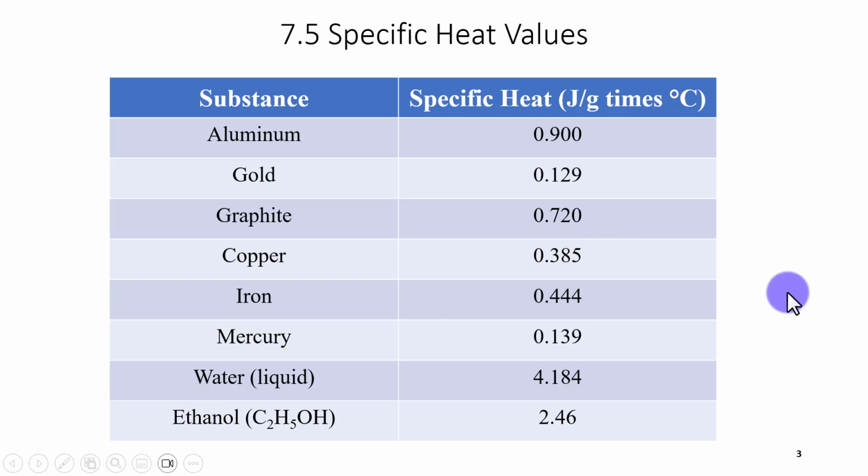What does that mean? Qualitatively speaking, it means that it takes a lot more energy to increase the temperature of 1 gram of water by 1 degree than it takes for gold. So that's what the specific heats tell me.